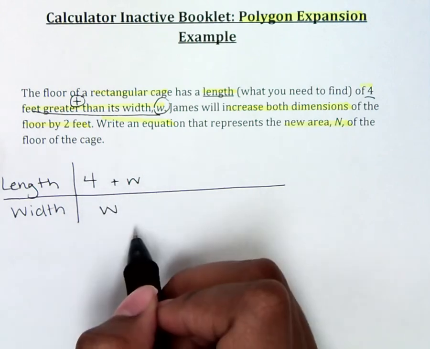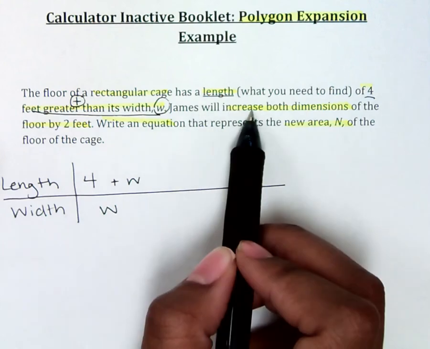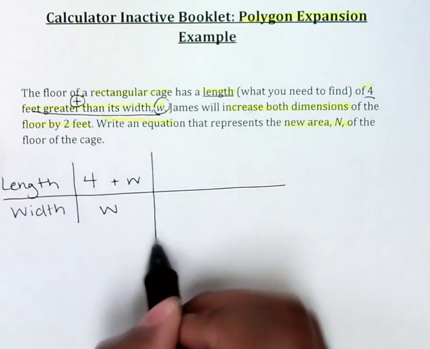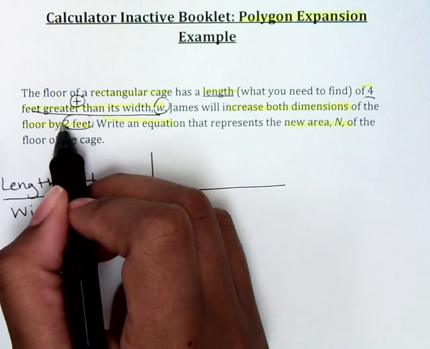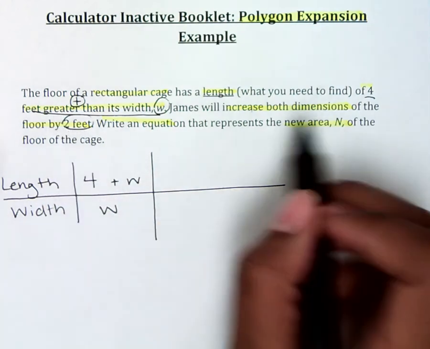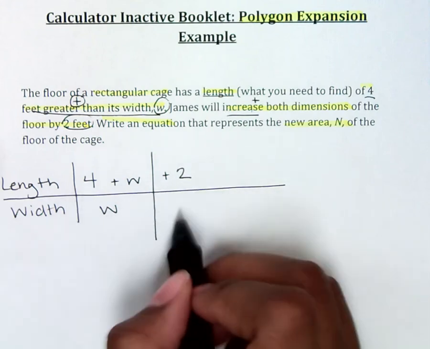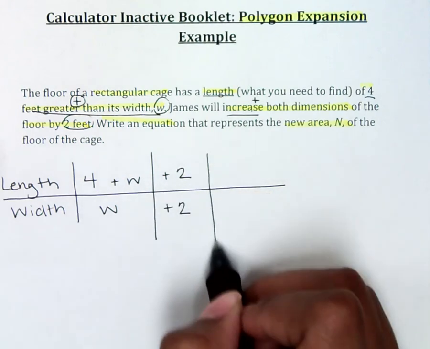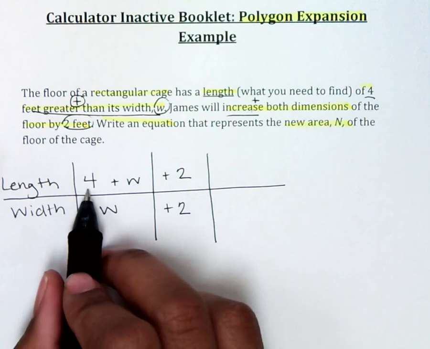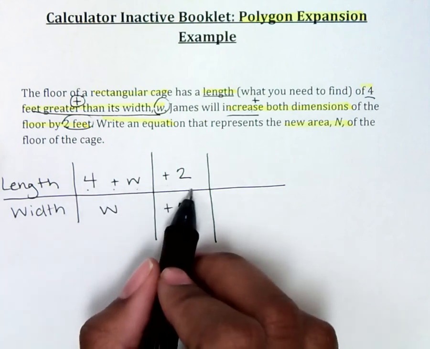That is what I currently have, but it tells me James will increase both dimensions by 2 feet. So increase means to add. So plus the length plus the width by 2. So now I have 4 plus W plus 2.